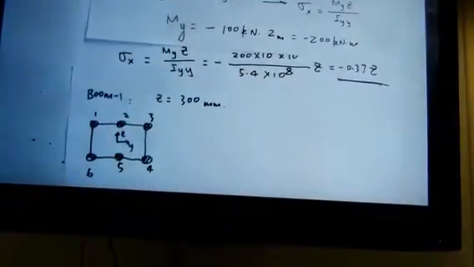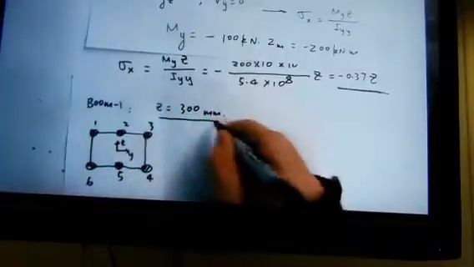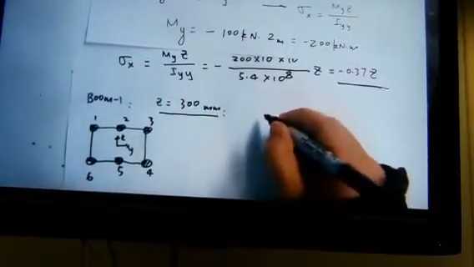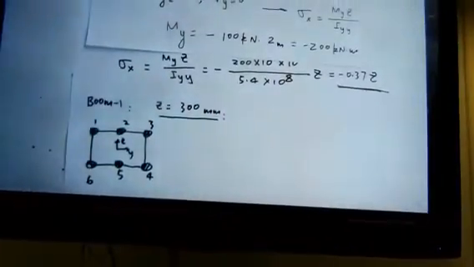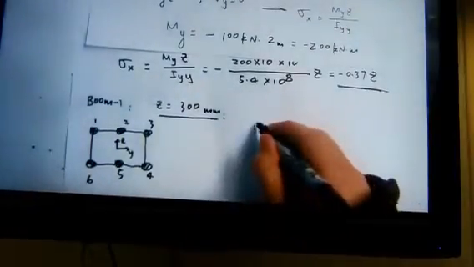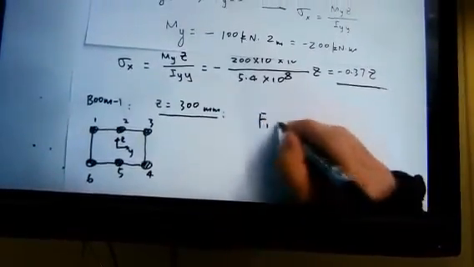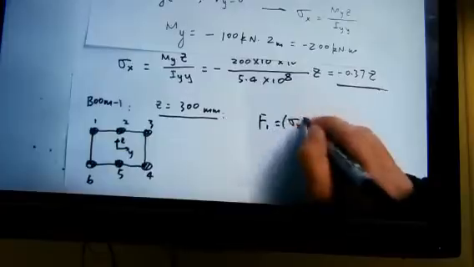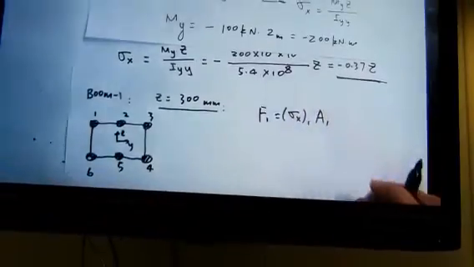So for boom 1, Z equals to that much. And you can calculate the force acting on boom 1. F1 equals sigma x1 times A1.